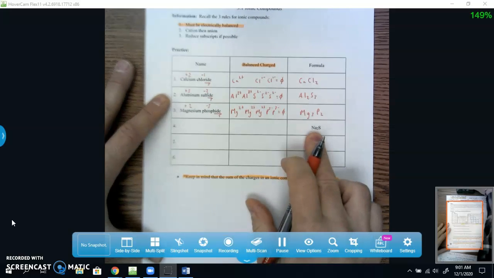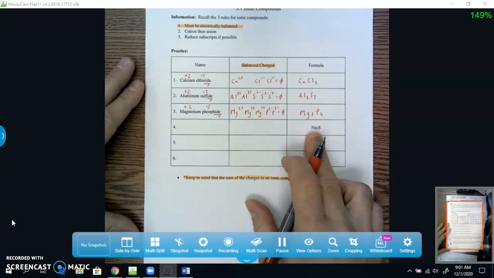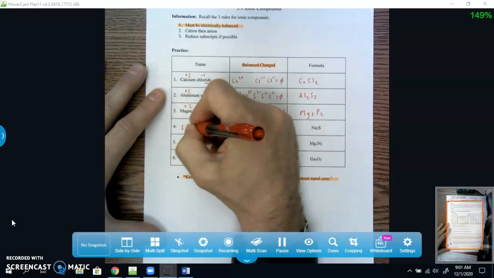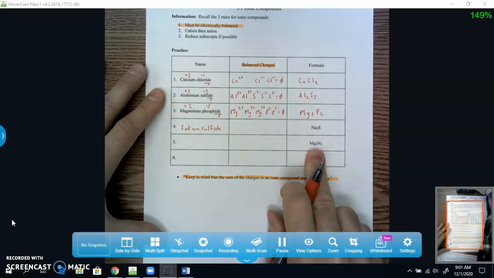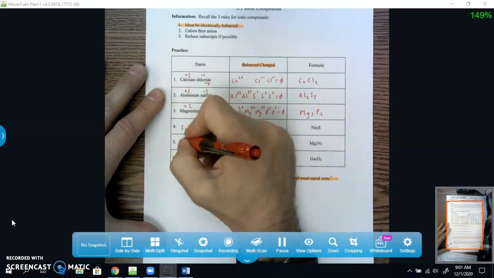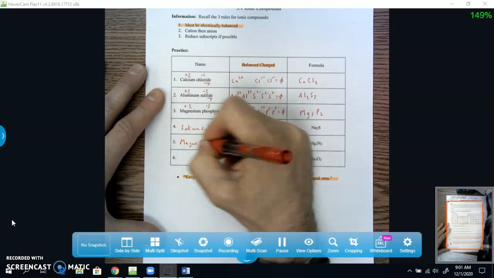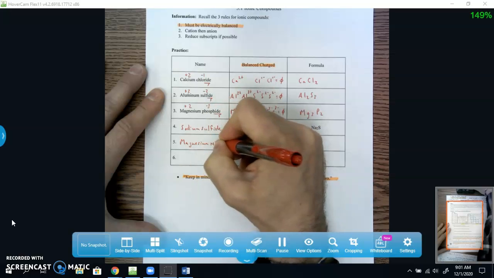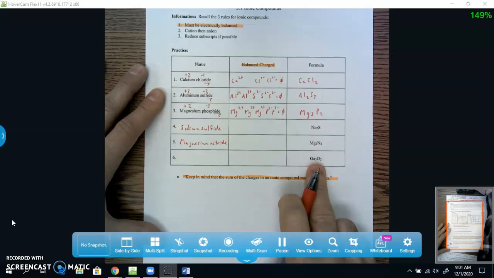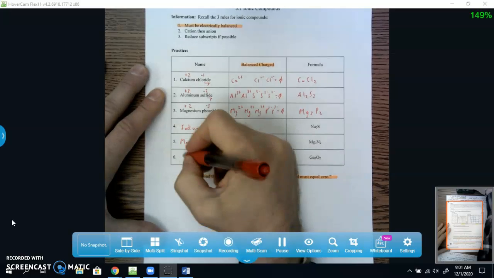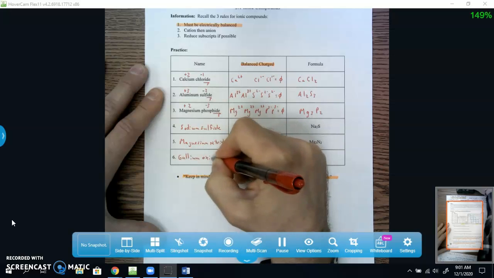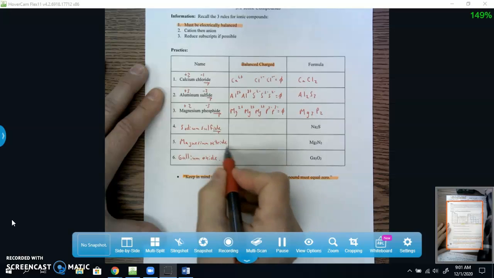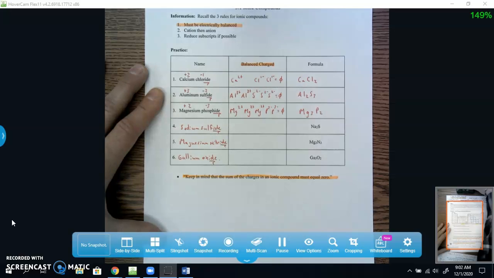For this, it's not sodium sulfur, it's sodium sulfide. For this, it's not magnesium nitrogen, it's magnesium nitride. And for this, it's not gallium oxygen, it's gallium oxide. Okay, so remember, you just drop the ending and add IDE for the anion.